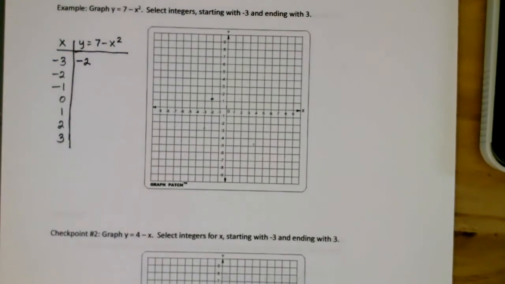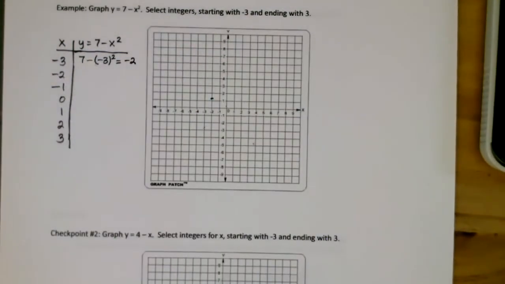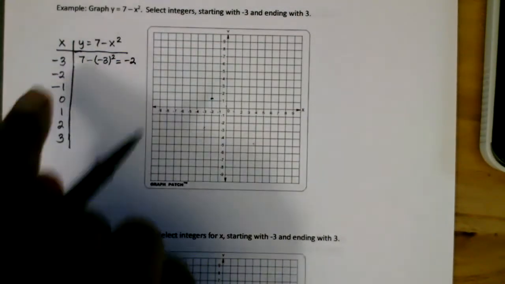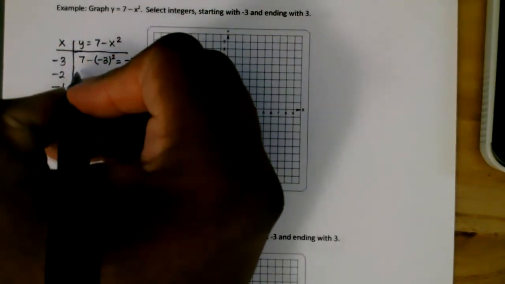So I have one ordered pair, negative 3, negative 2. Maybe if I do it like this, just write it out like 7 minus negative 3, and then that's squared. That gives me negative 2. And then for x equal negative 2, substitute the x with negative 2.